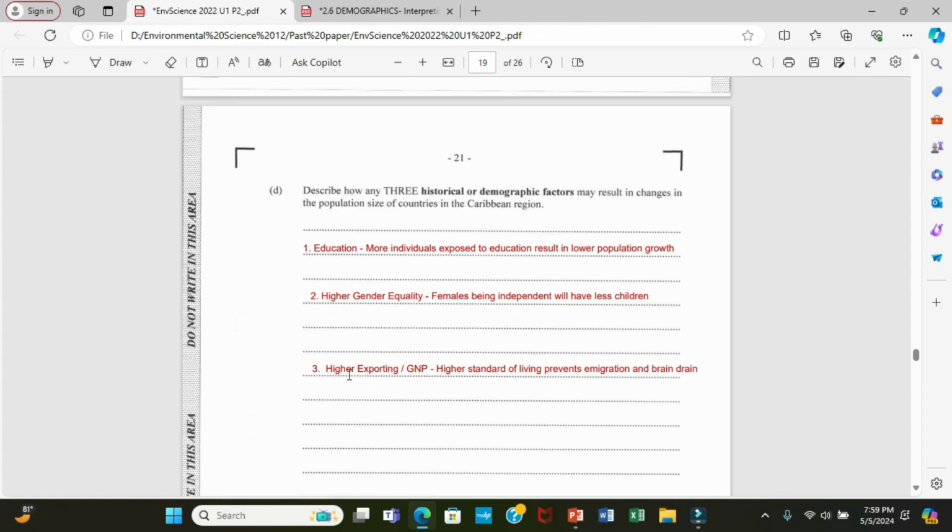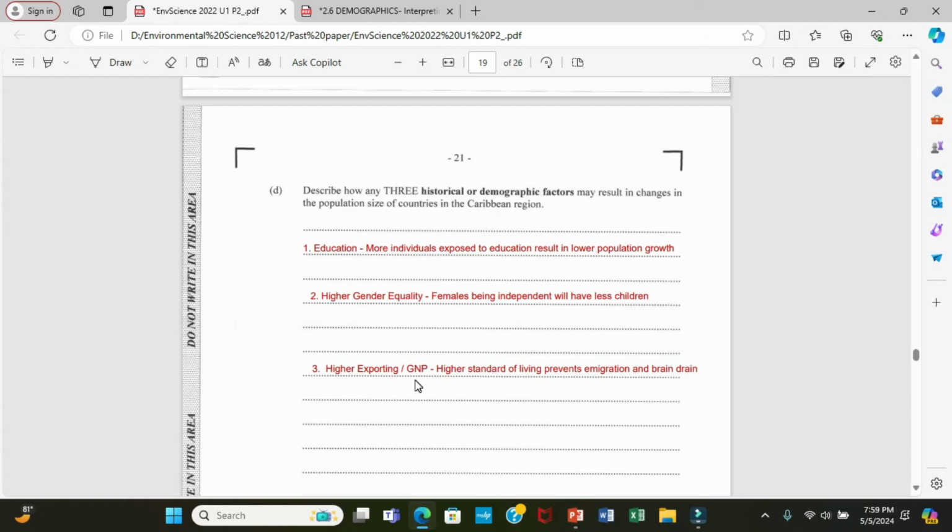Three, higher exporting and GDP have improved the standard of living for persons in the country, preventing brain drain. But as you can see, guys, the countries that have lower exporting and lower pay for their people have a lower standard of living.